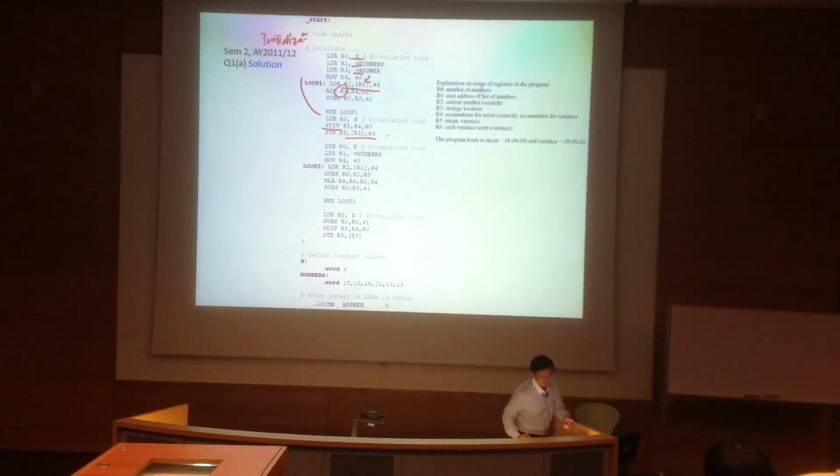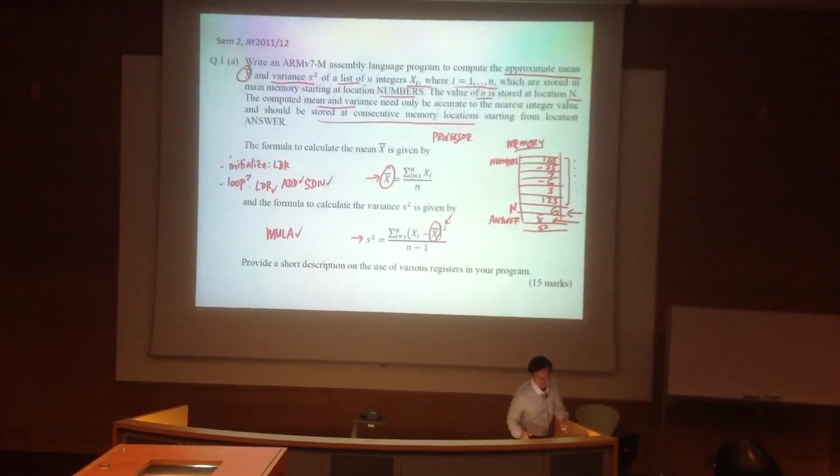You actually need to go and get these numbers again, because when you are using the base register in post-index addressing, it gets incremented. So at the end of the day, it was actually pointing to here. You want it to point back here to fetch this value again.